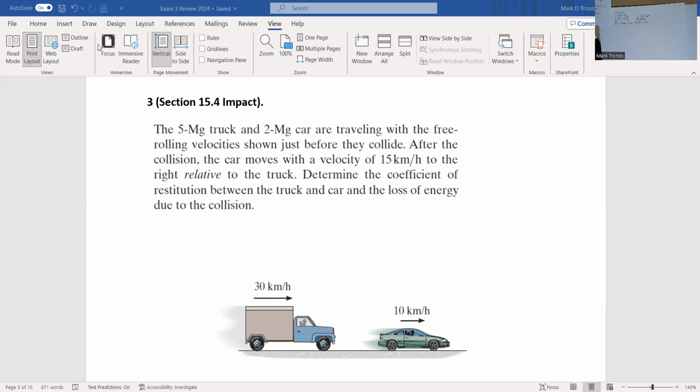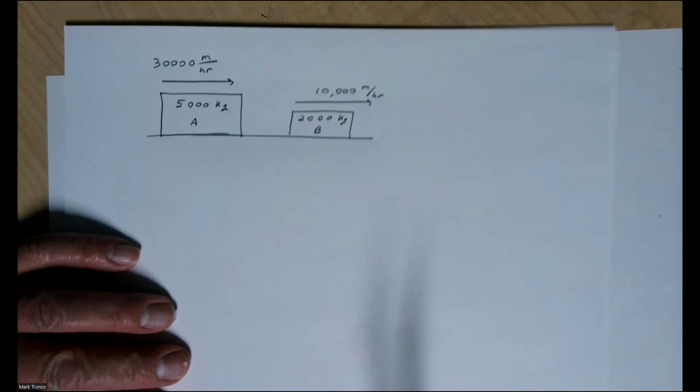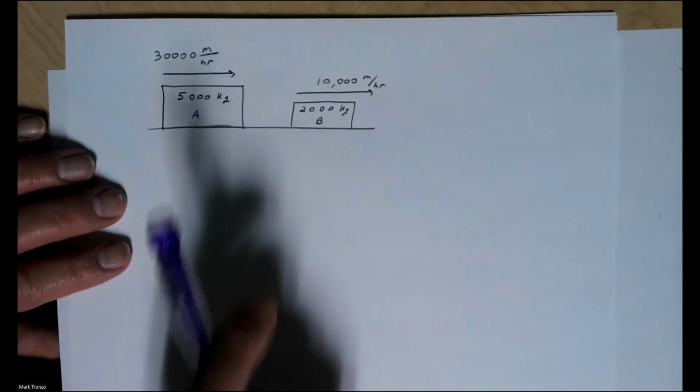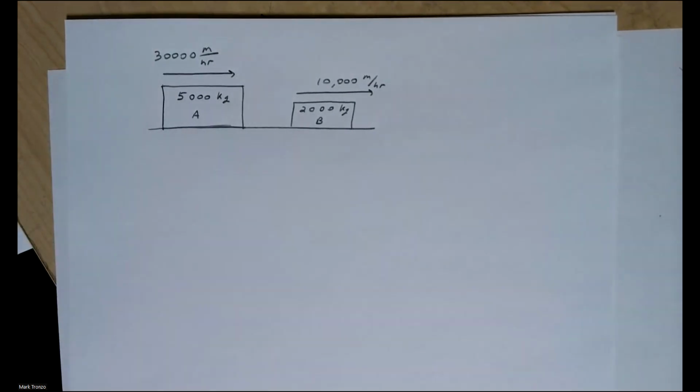So let's take a look at this. So here the truck is moving 30 kilometers per hour, 30,000 meters per hour.